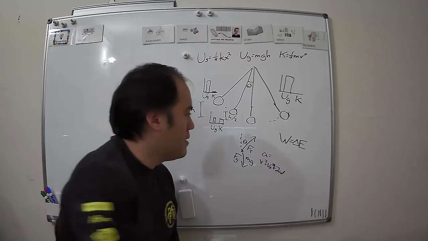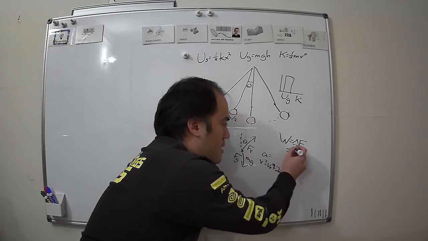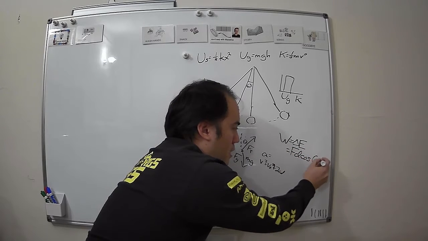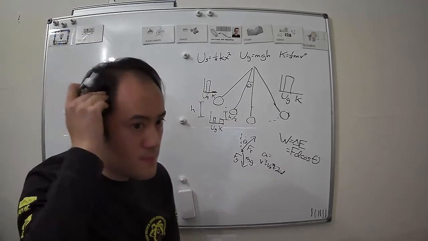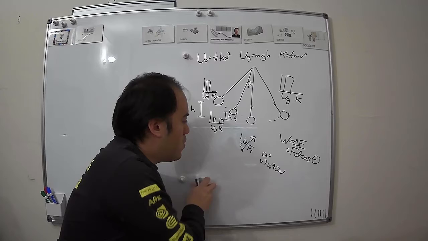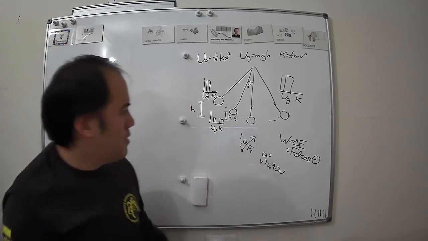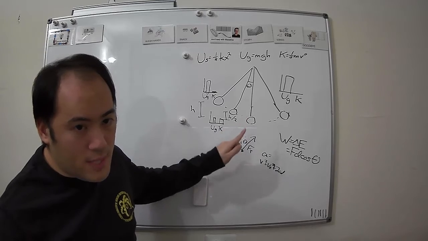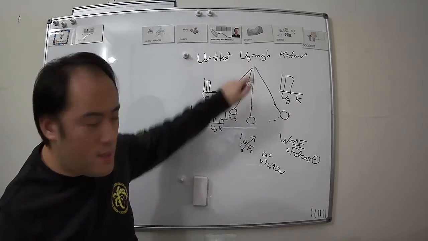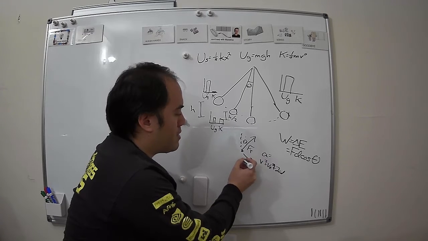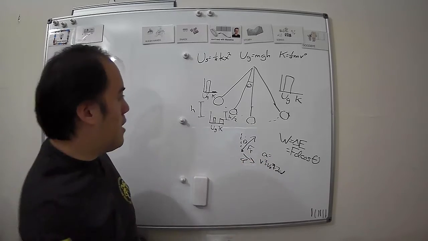If you guys remember, the formula was not work is FD. It was FD cosine theta. That's the thing. No matter what, whatever position the ball is in, the force of tension is always straight toward here, but the velocity, and therefore the displacement, is always along this arc.